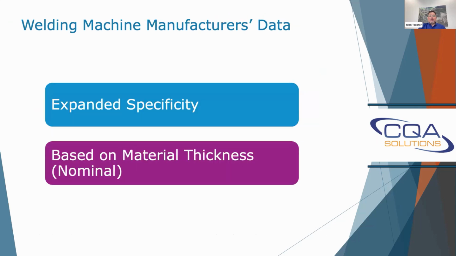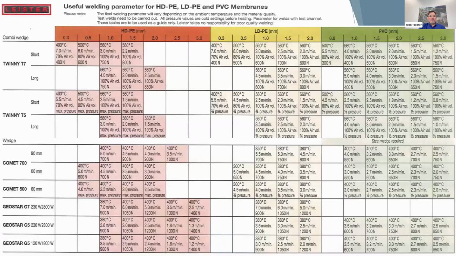So the next place we looked, we went to the welding machine manufacturers' data. We looked at several manufacturers that are used here in the United States, and we found data for two of them. There was more specific data available based on material thickness.